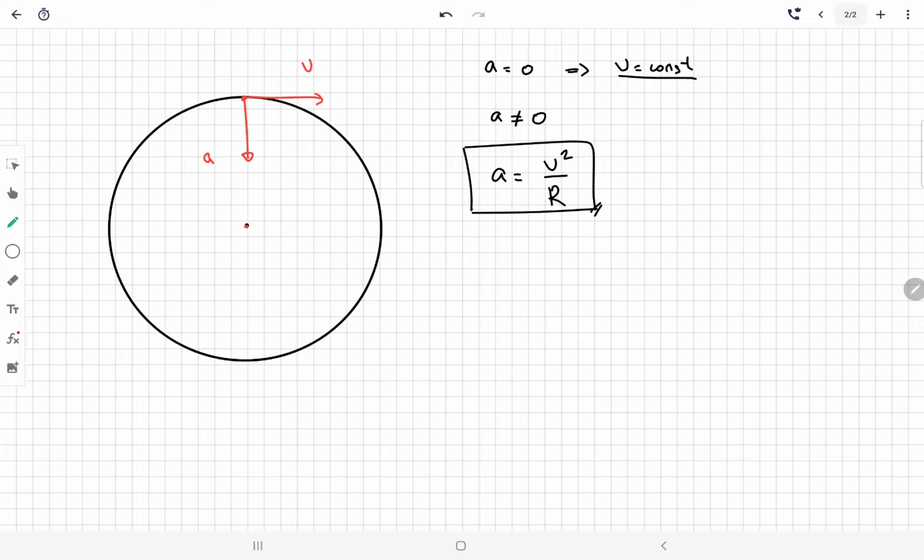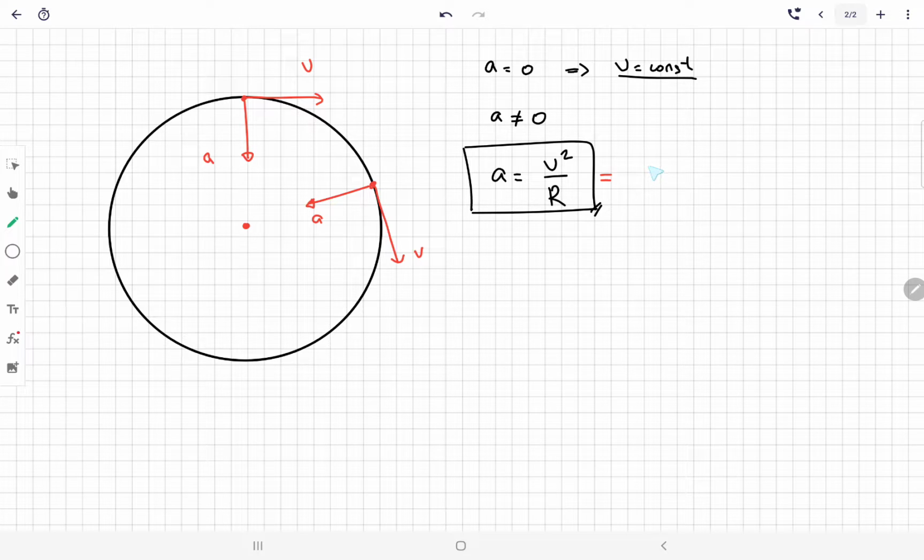Its direction will always be directed to the center. So for example, when this object comes to this point, it will be moving in this direction approximately, and the acceleration here will be directed to the center. Centripetal acceleration. Now we can express it in terms of angular speed.